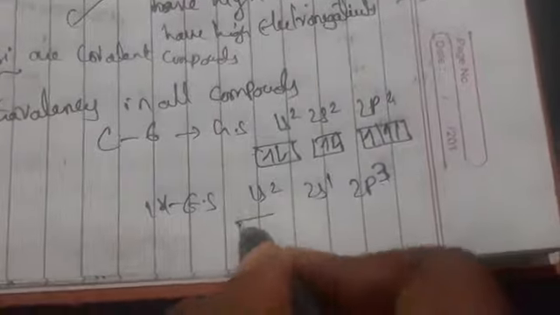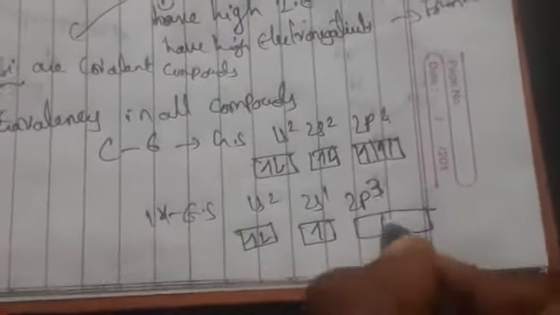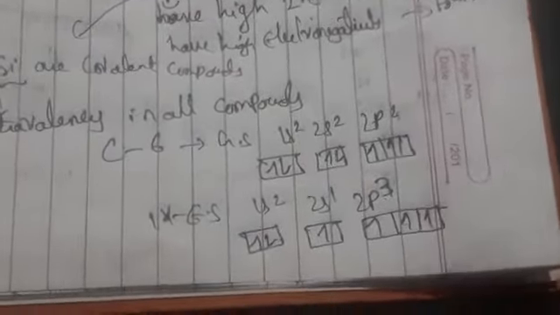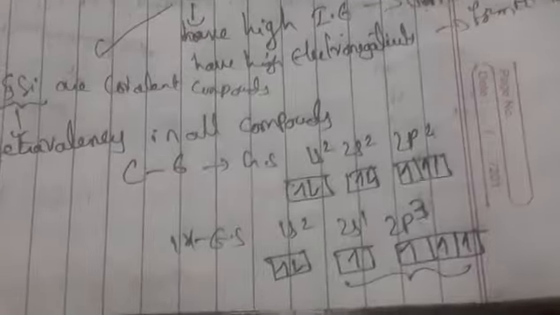So then what configuration will you get? 1, 1, 1, 1. So they are having 4 unpaired electrons, and these 4 unpaired electrons will show the tetravalency. Okay, so covalency we can say.